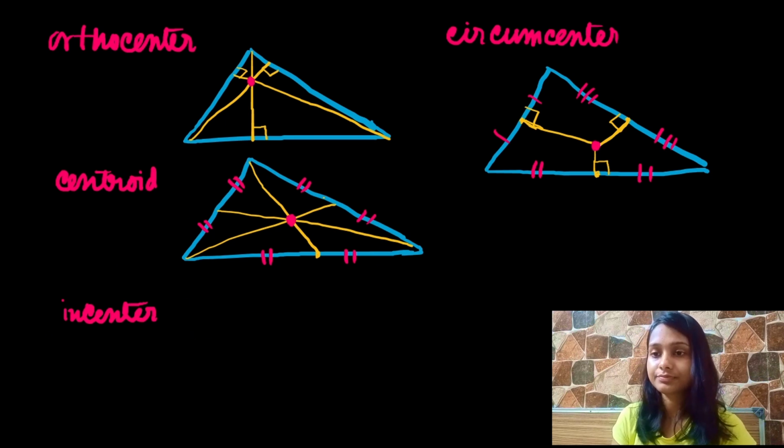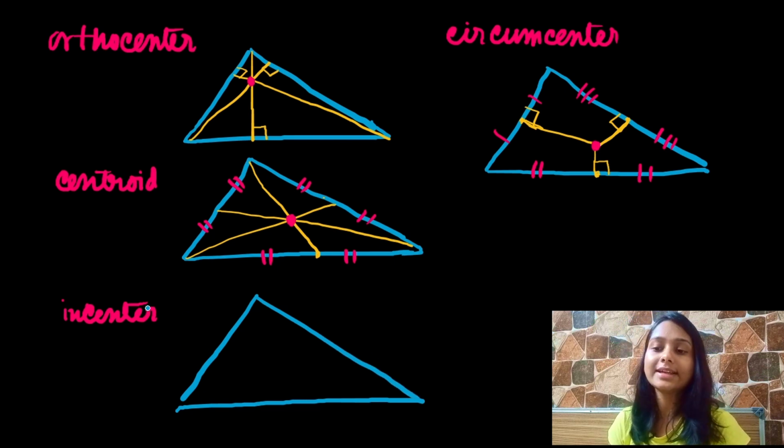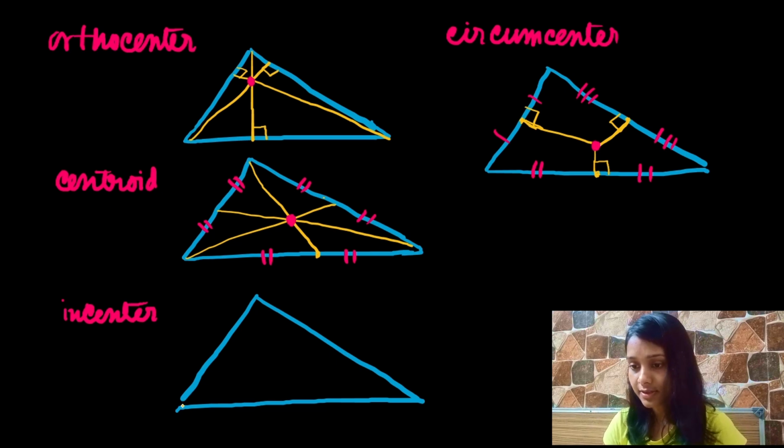And for incenter, again if we draw the triangle like this, so incenter means if there is a circle which is inscribed within this triangle, then the center of that circle is the incenter. Also, if we draw the angle bisectors like this, the angle bisectors will meet at a point which is called the incenter.